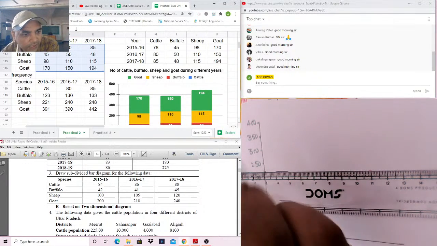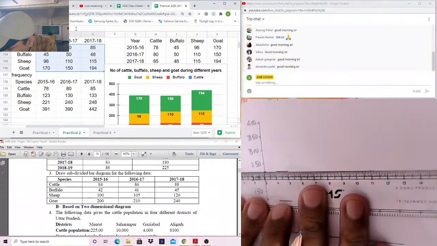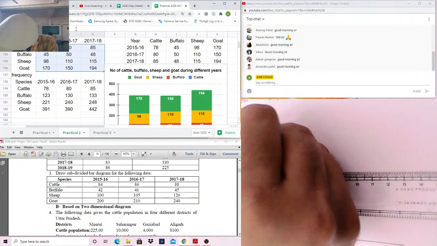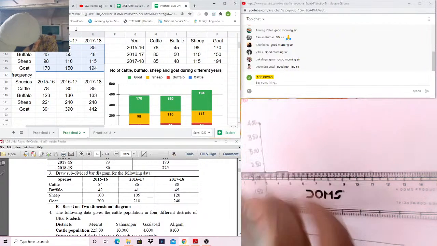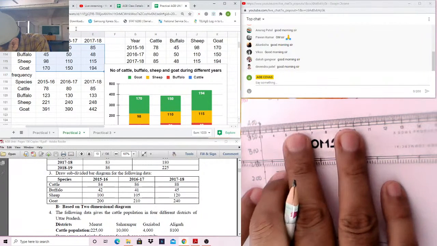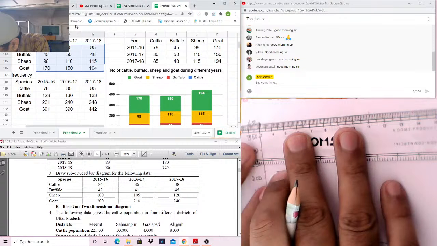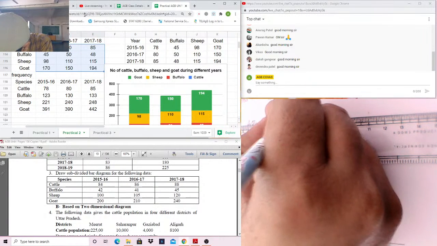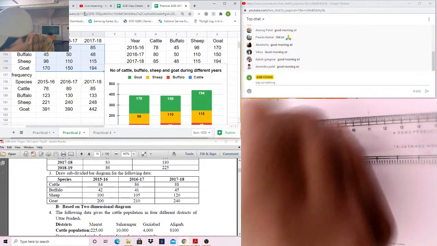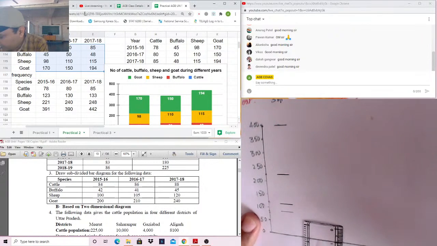Then comes your 391. So 391 will be somewhere here. Okay. So from here. Now we will join these.